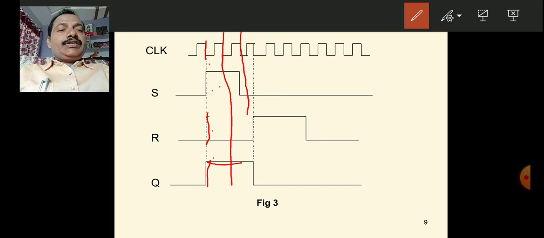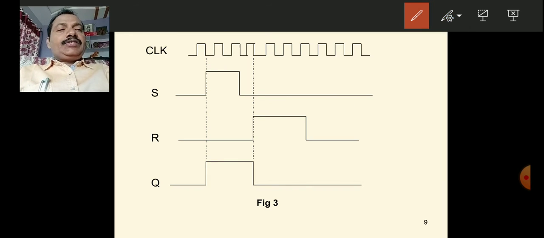But S is changed to 0 here. Before occurrence of this negative edge, S is changing to 0, and R is changing to 1 at this clock edge. That you have to remember.